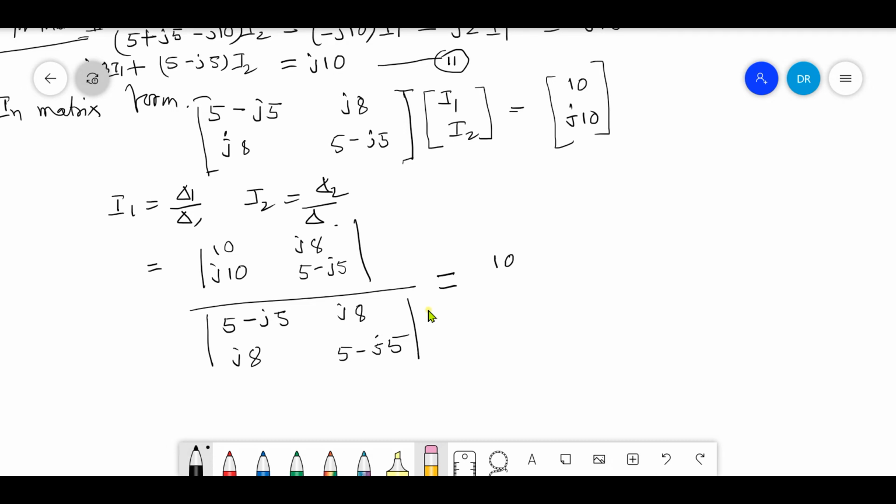So this is equal to 10 into (5 - j5) minus j square 10 into 8, so it's 80.